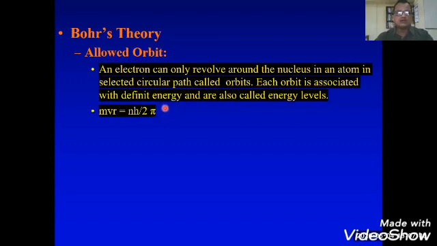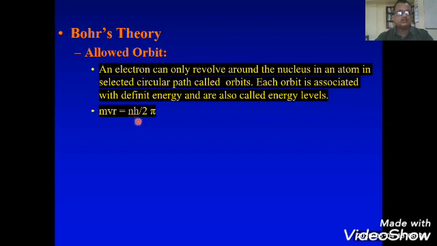So when an electron revolves in an orbit, the electron will satisfy this relationship: mvr, that is the angular momentum of the electron, with m the mass of the electron, v the velocity of the electron, r the radius of the orbit, is equal to nh by 2 pi, where n may be 1, 2, 3, etc. So when n is equal to 1, it is the first orbit.